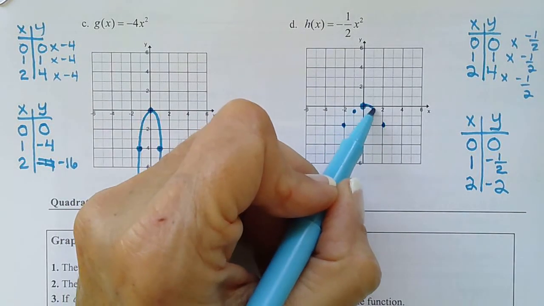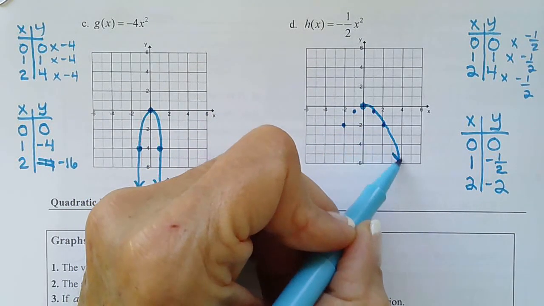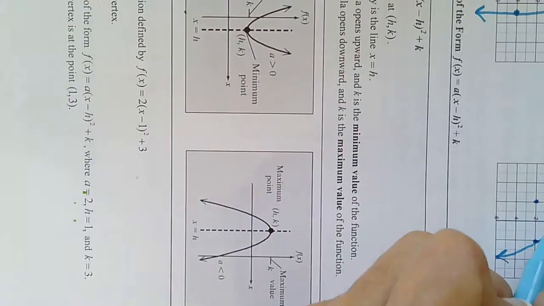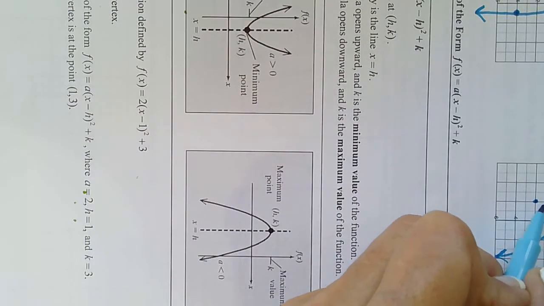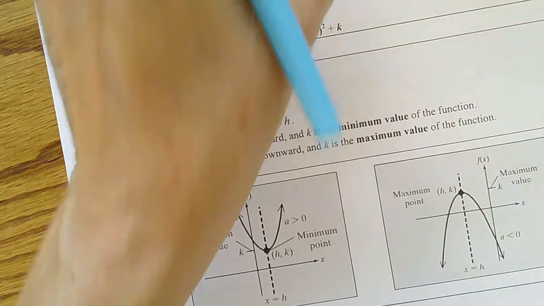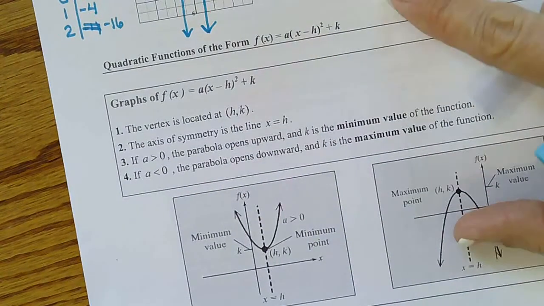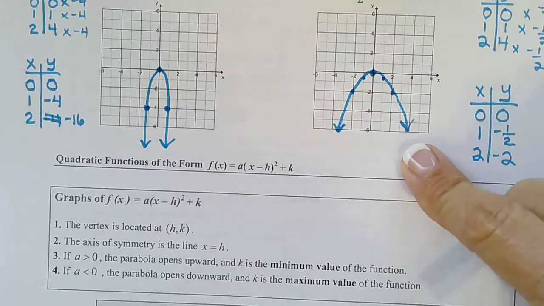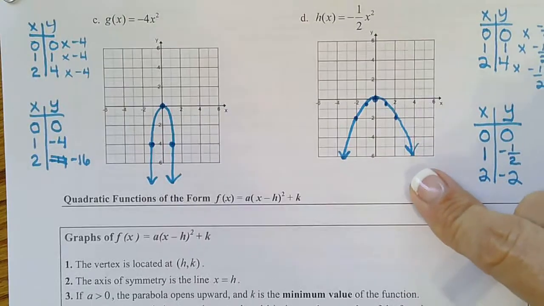And there is our parabola that has been reflected across the x-axis. That just means it's tipped over. So reflected across the x and wider than the mother function because of the fraction.